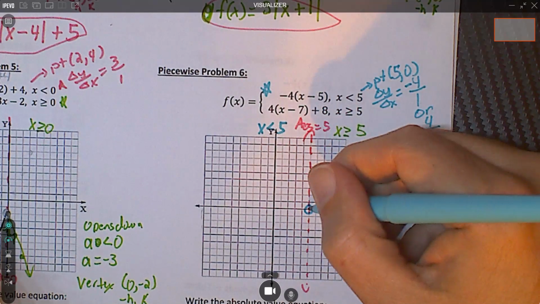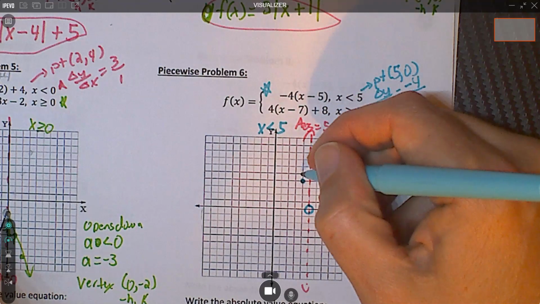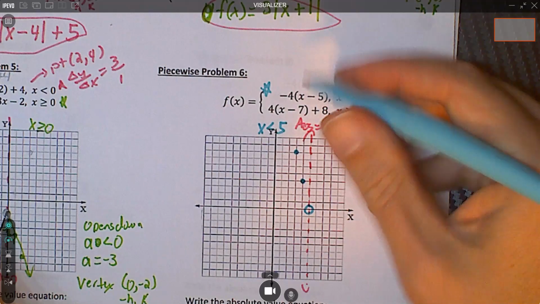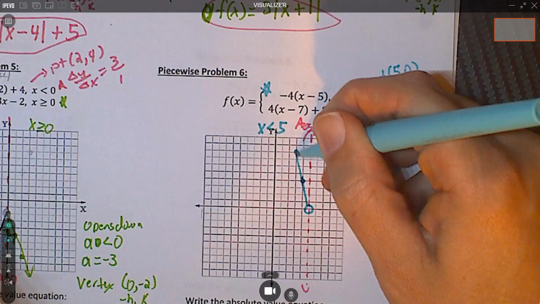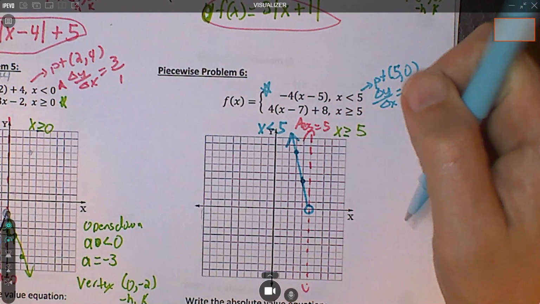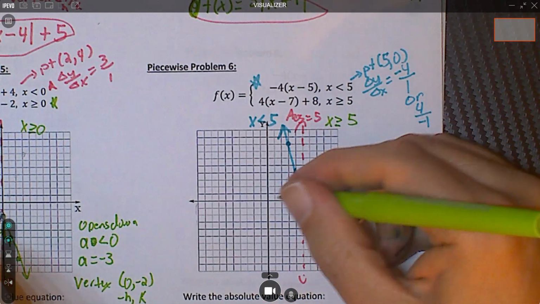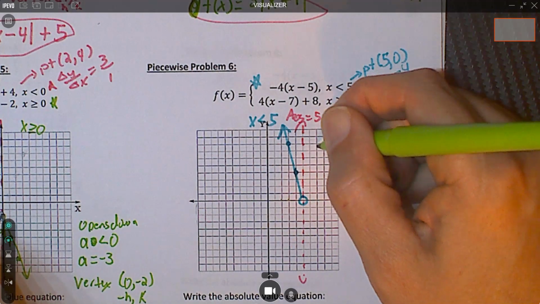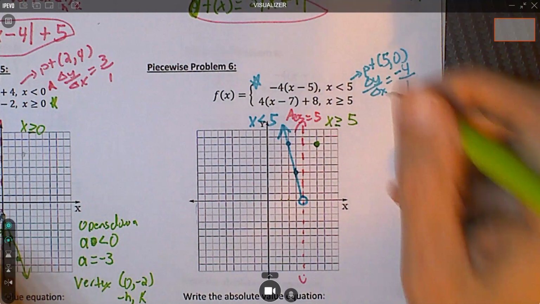Yeah, so you go up 4, left 1, up 4, left 1. Okay, start at 7, 8. Up 4, right 1.